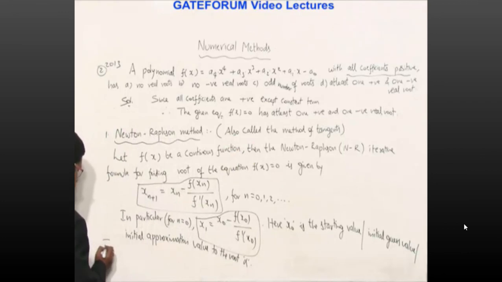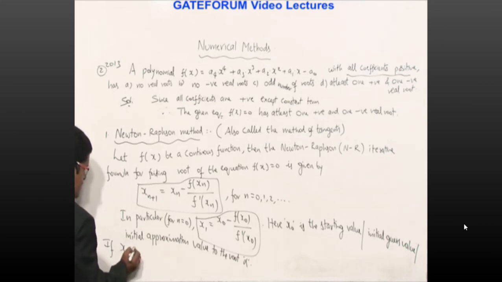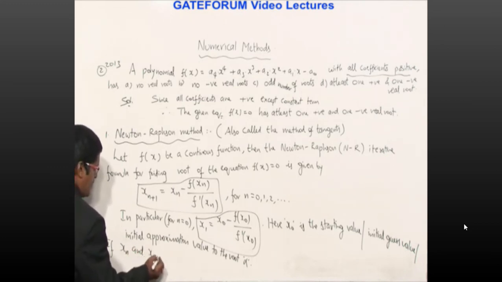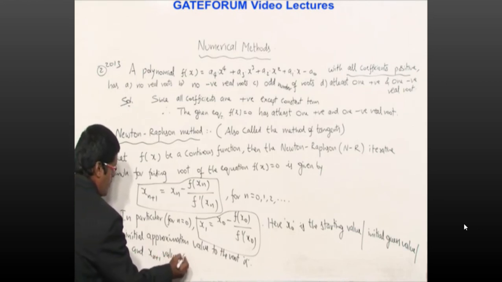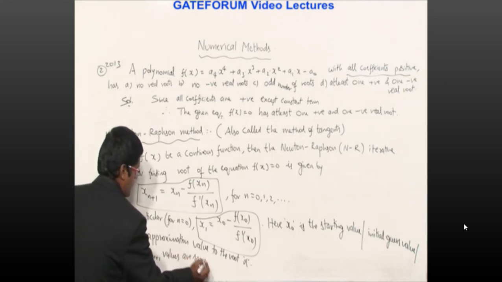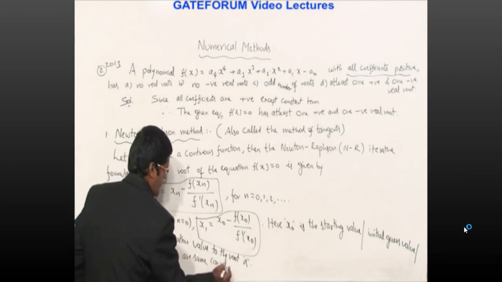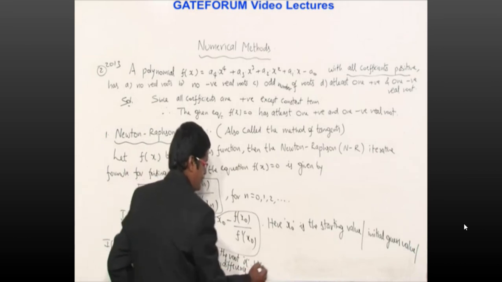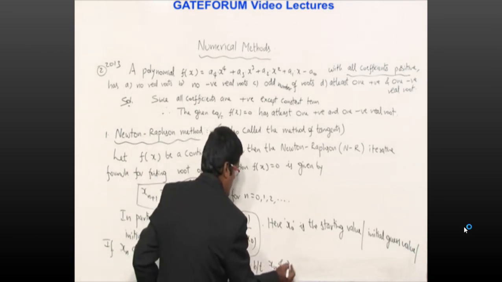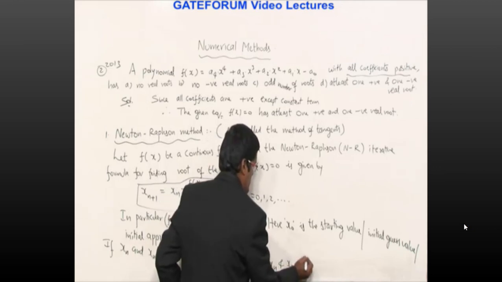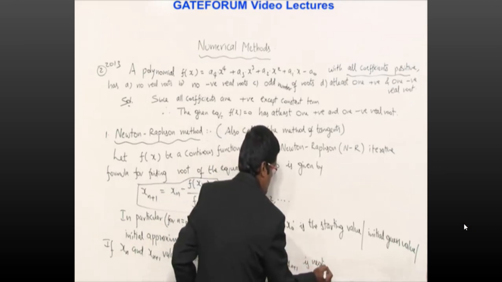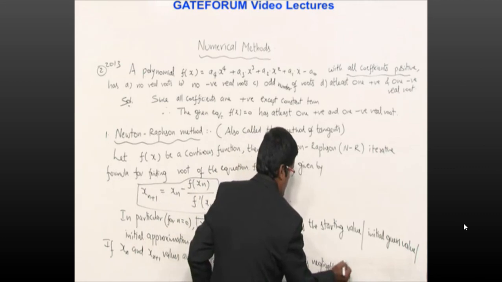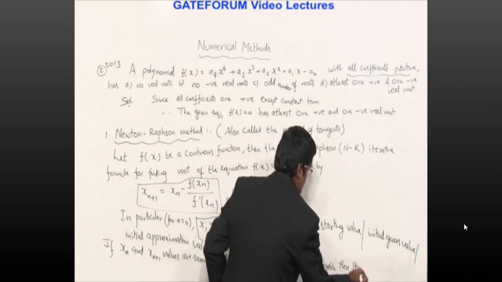So if xn and x(n+1) values are the same, or the difference between xn and x(n+1) is negligible, then stop the process.